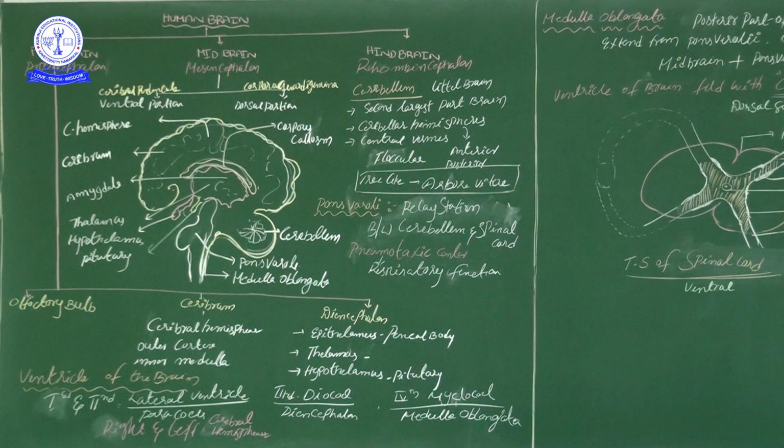Now come to the cerebellum part. It is a hindbrain part, and this brain part we call the little brain. Little brain, especially it is a more important part. This part is located at the back side of the cranium, near the occipital condyle.